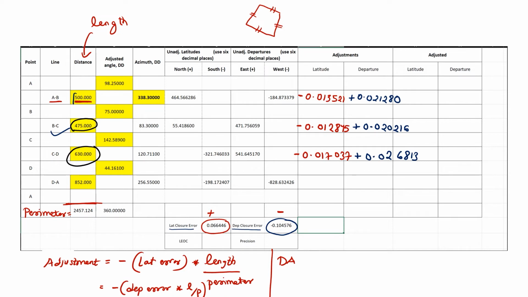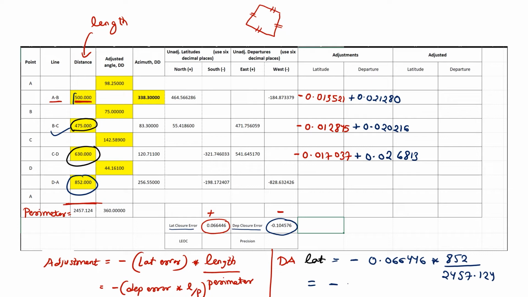So for dA, for the latitude, again, negative of 0.066446 times, the length of dA is 852, divided by perimeter, 2457.124.